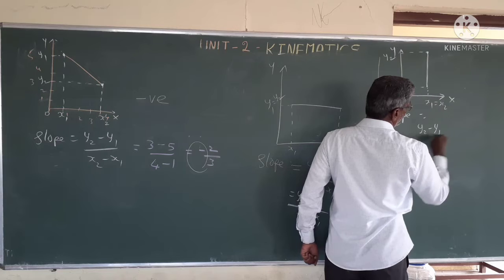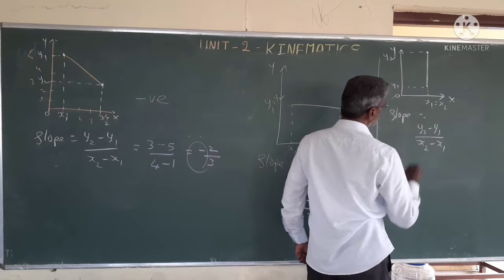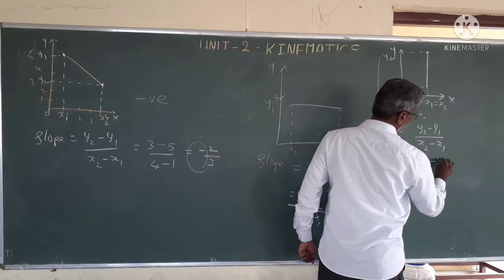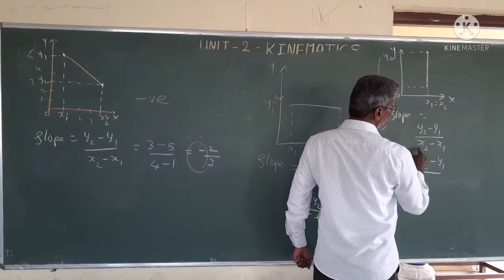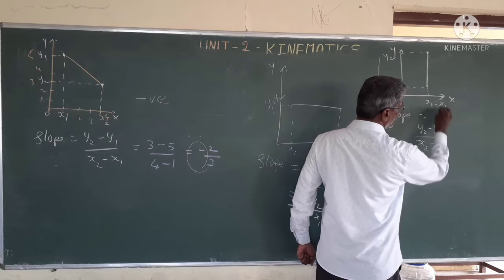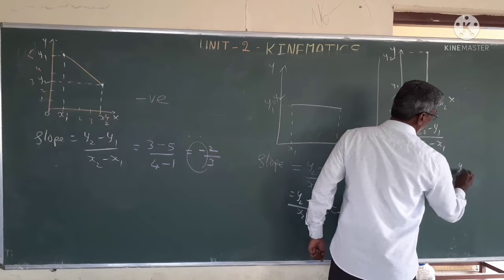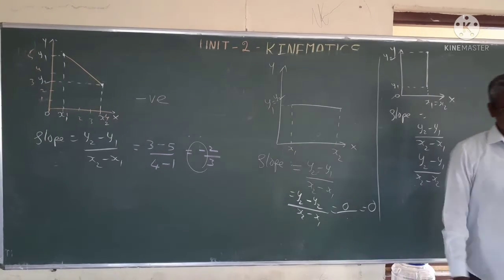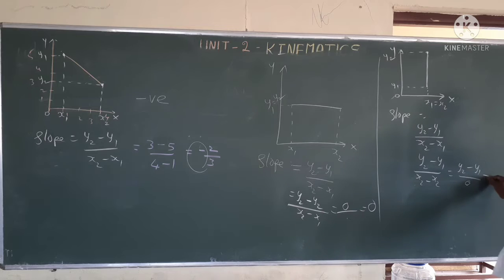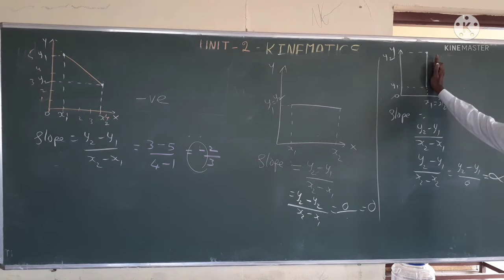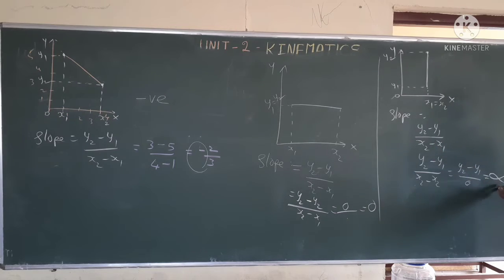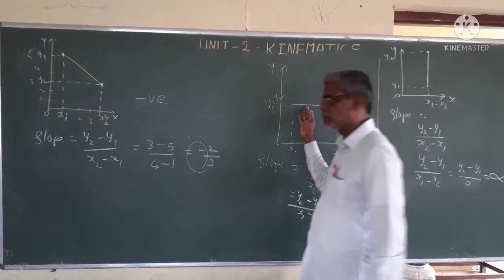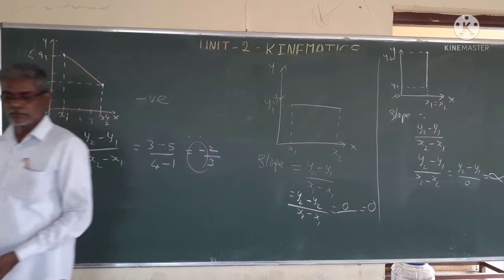So y2 minus y1 by x2 minus x1, and since x1 is equal to x2, the denominator becomes x2 minus x2, which is 0. Any number divided by 0 will give infinity. So if the line is vertical, the slope is infinity. If the line is horizontal, the slope is 0. Clear?